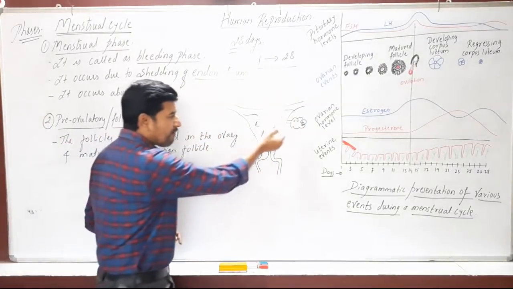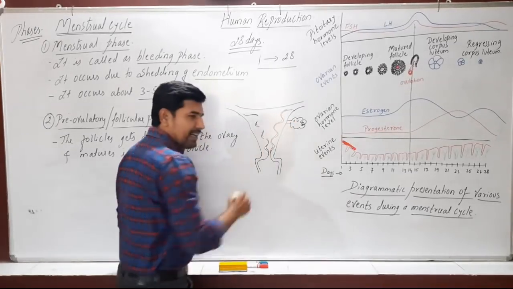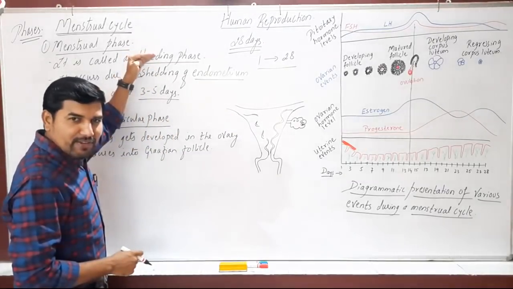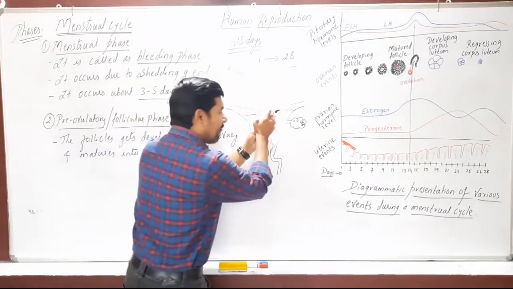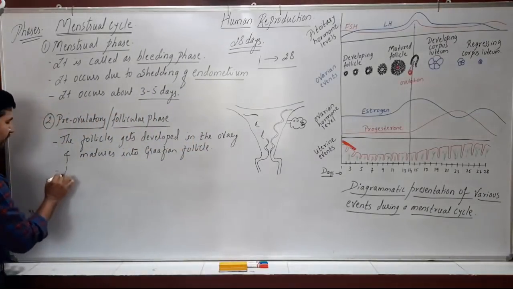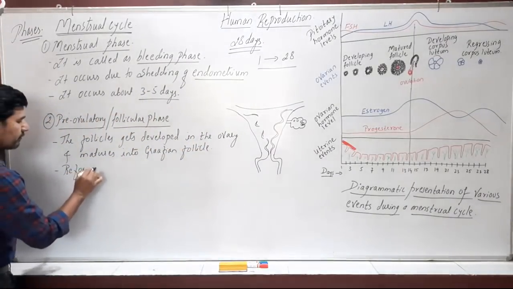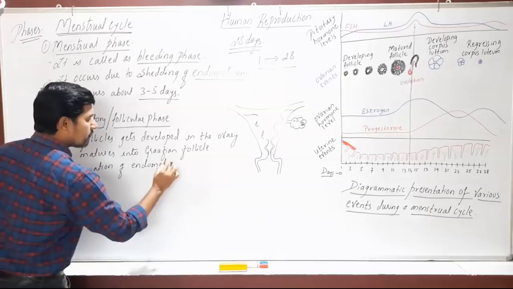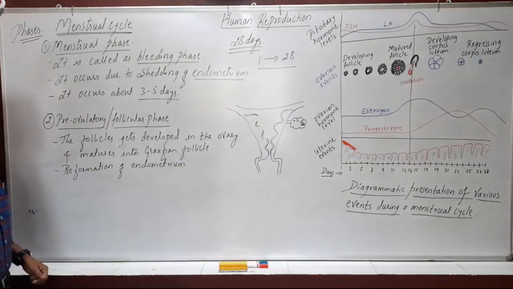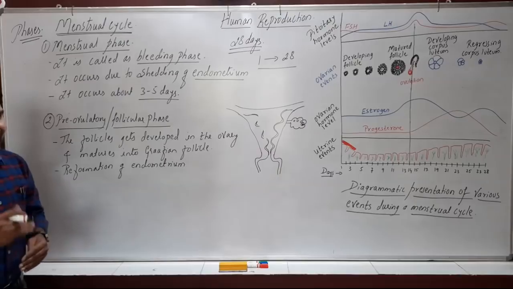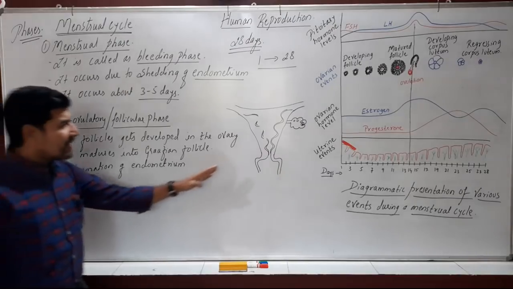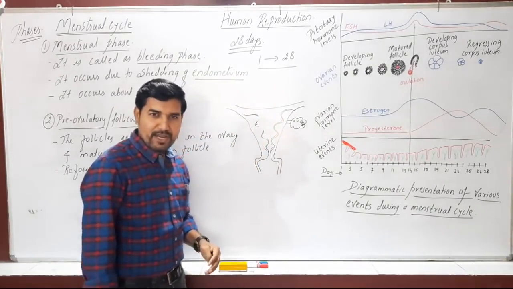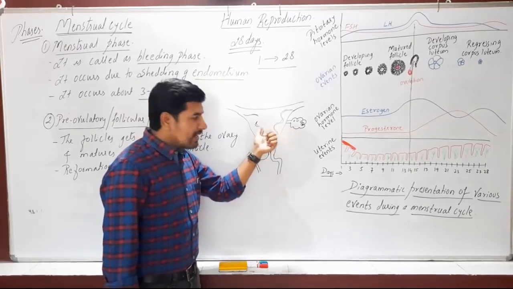Then, apart from this, there is activity in the endometrium. The endometrial wall that is shed off in the first phase, the menstrual phase, has to be reformed. That means reformation of the endometrium also occurs in this phase. The endometrial wall which gets shed off during menstruation has to be reformed here. So the activity of the endometrial wall also increases.